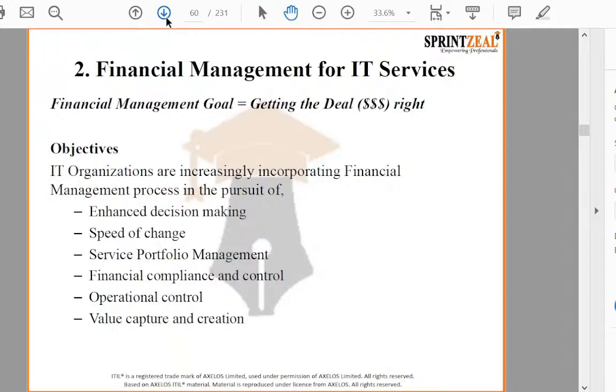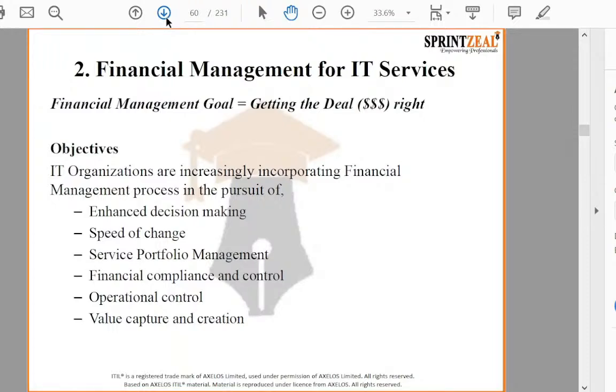The objective is that financial management is in pursuit of enhanced decision making, speed of change, service portfolio management, which includes everything within your service pipeline, your existing services and your retired services, compliance and control, operational control, value capture and creation. So it's basically keeping record of all of the financial aspects of everything in your service portfolio so that you can make a better decision moving forward.